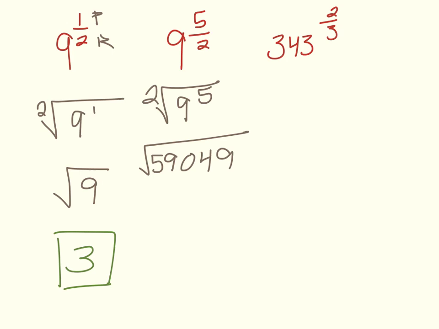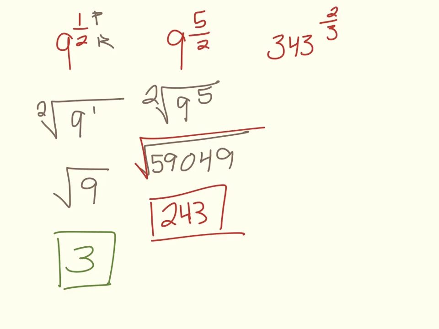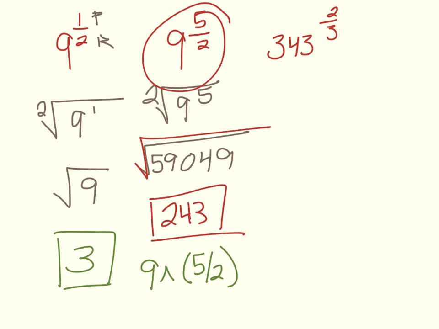And in this case, my answer is 243. Now, I highly recommend using a calculator. And in a calculator, you can do it one of two ways. You can take the square root of this, or if you're going to put this piece in your calculator, you need to say 9 raised to parentheses 5/2.